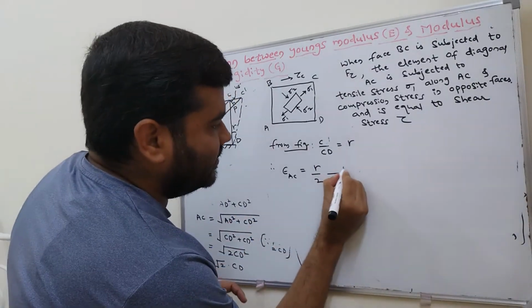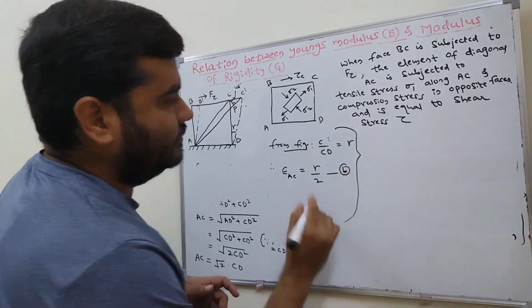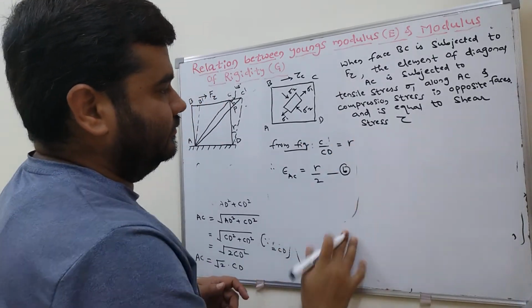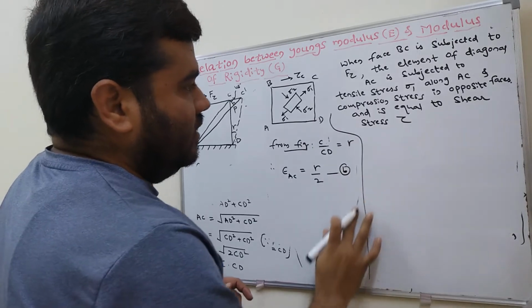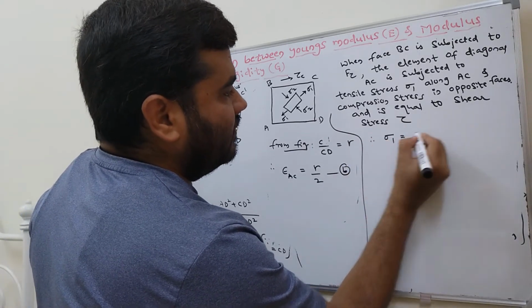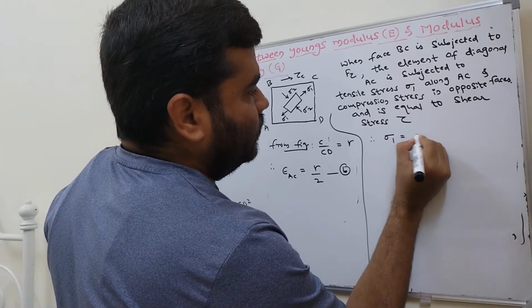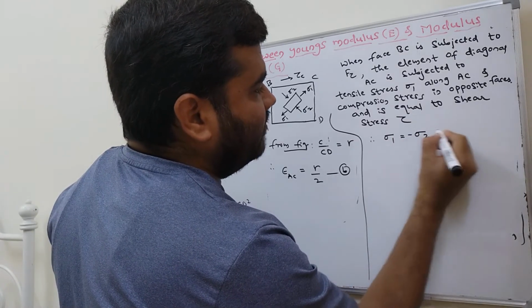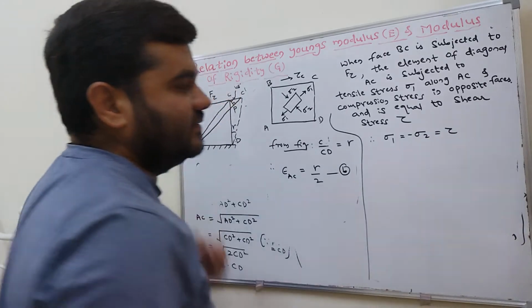I will keep this as equation B. Therefore, can I write sigma 1 equal to minus sigma 2 equal to shear stress.